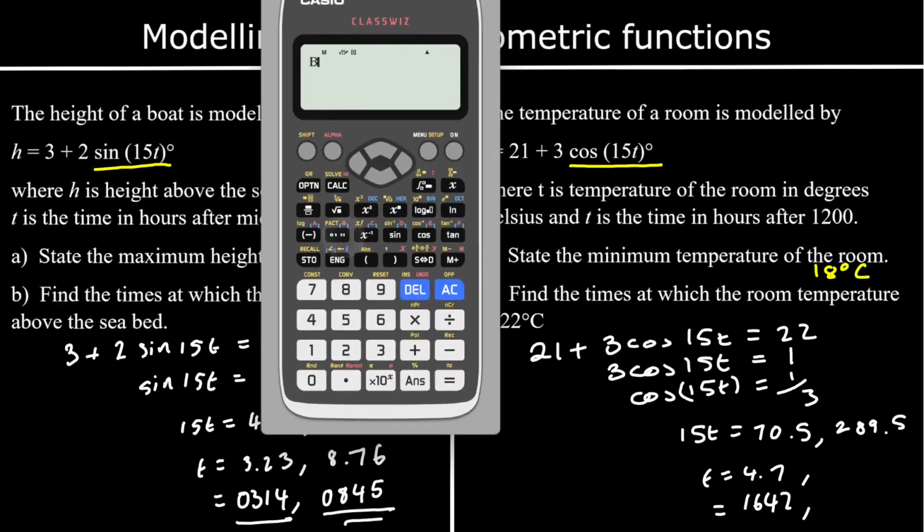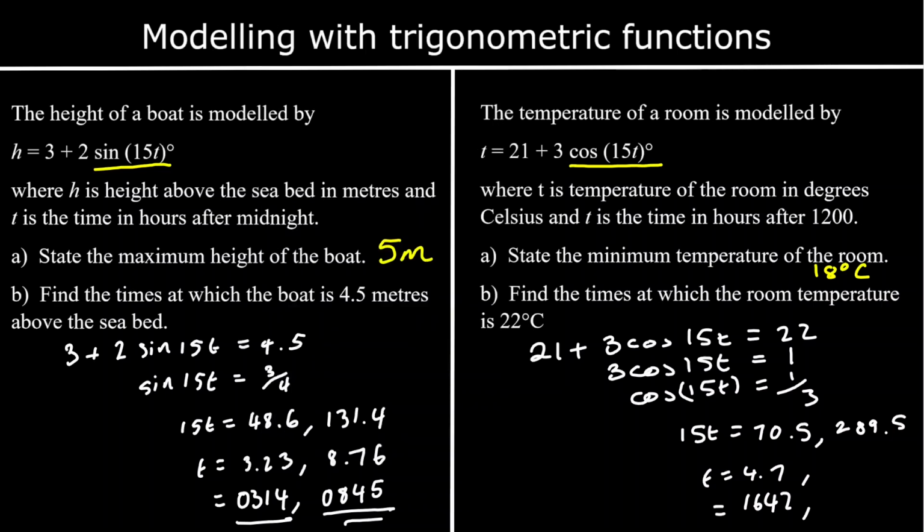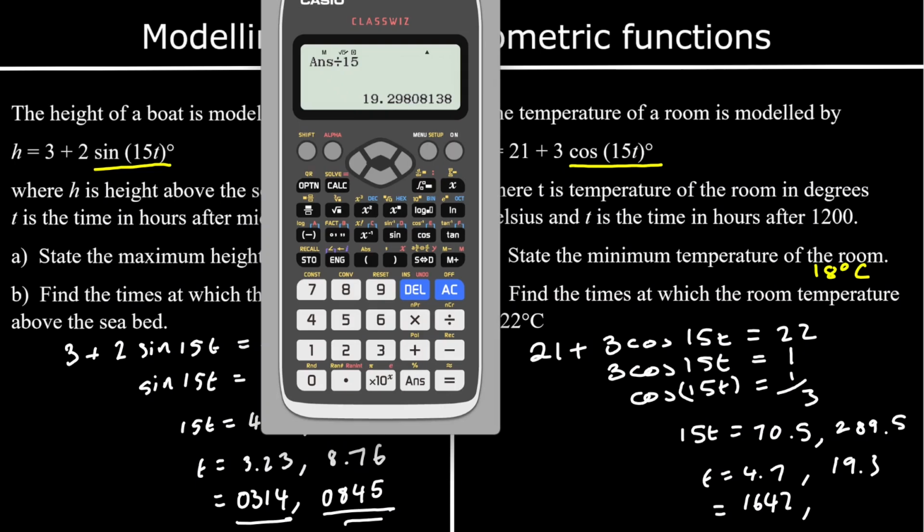And our second answer, divided by 15, is 19.3. But we want time again. So it's 19 hours and 17 minutes, or 18 minutes if you want to round to the nearest minute, after midday.